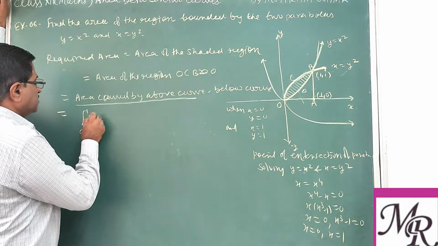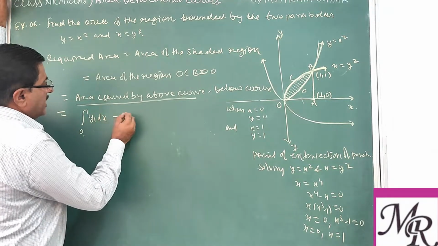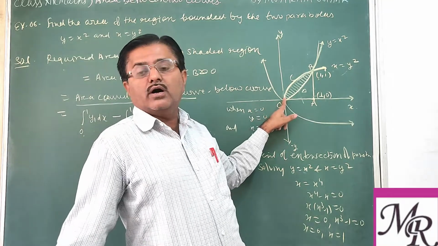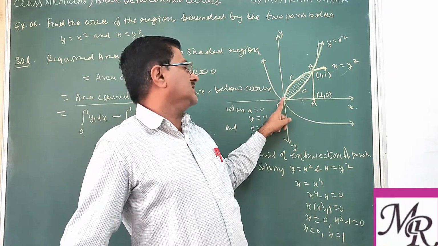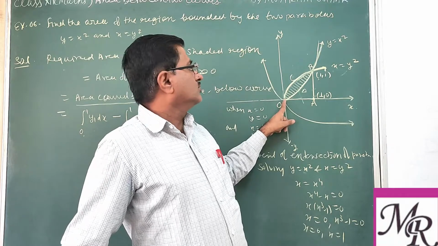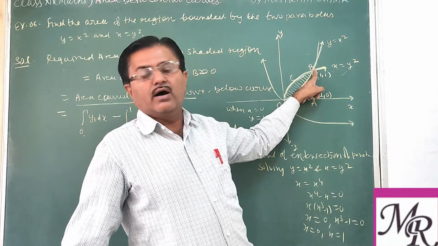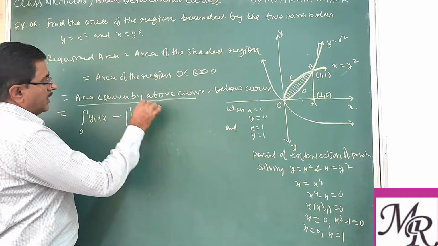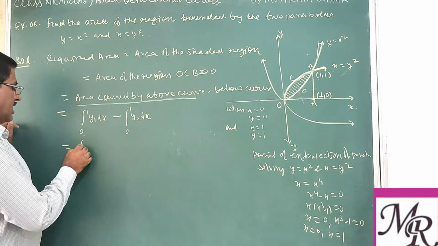Now y1 is the first curve, then minus 0 to 1. The second parabola also covers area on the x-axis starting from 0, so 0 to 1, then y2 dx.